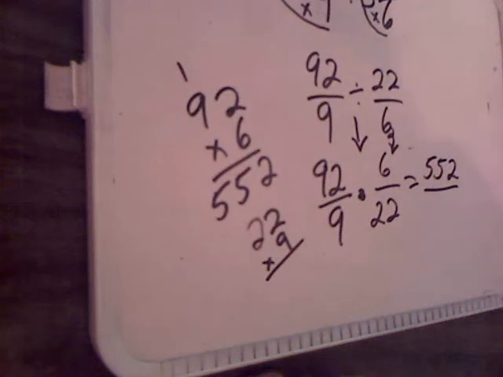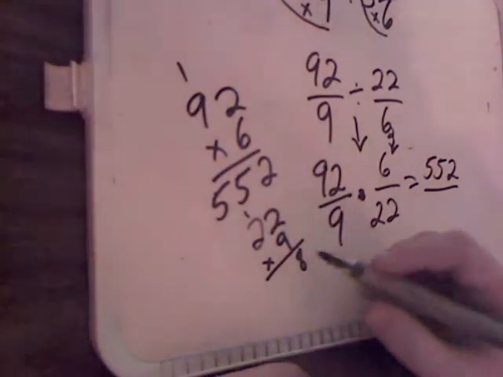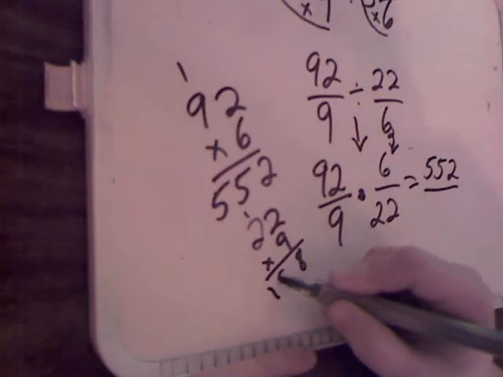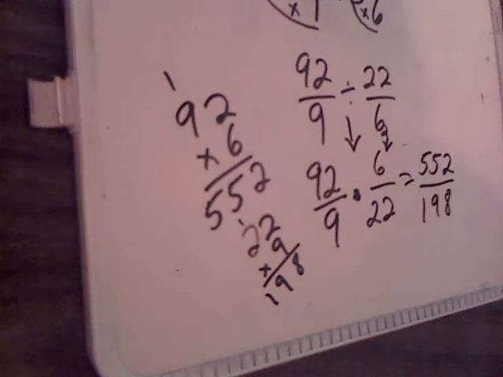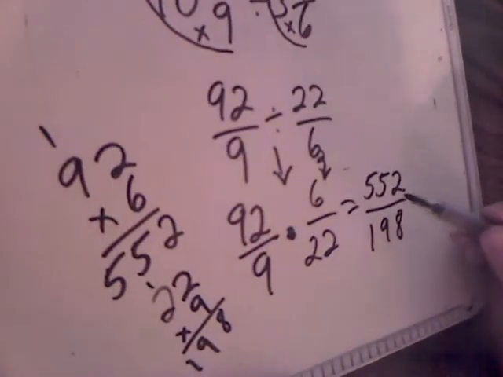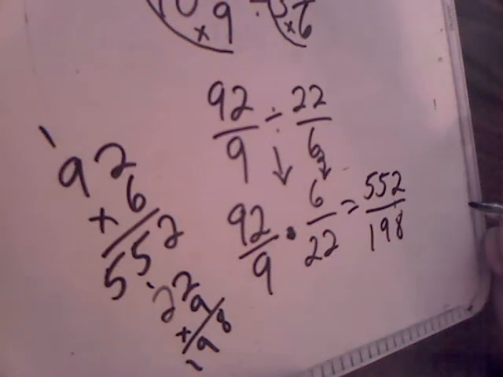On the bottom, we have 22 times 9. 9 times 2 is 18. Carry the 1. 9 times 2 plus 1 is 19. So we have 198. Now we definitely know that this is an improper fraction, so let's look at changing that back.